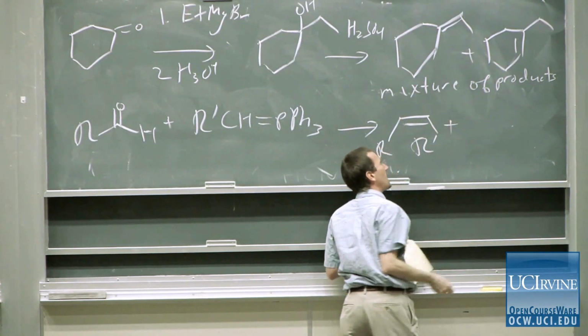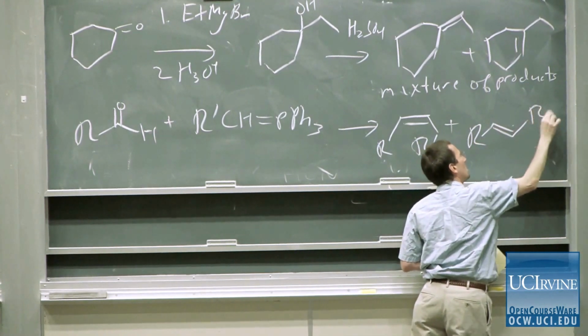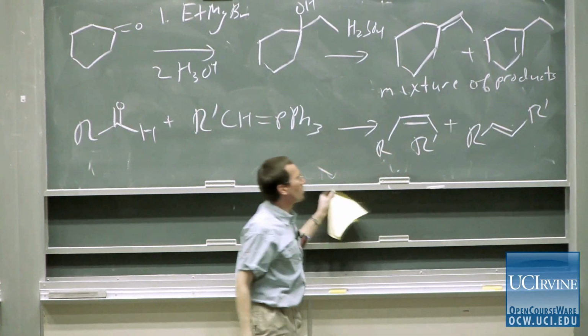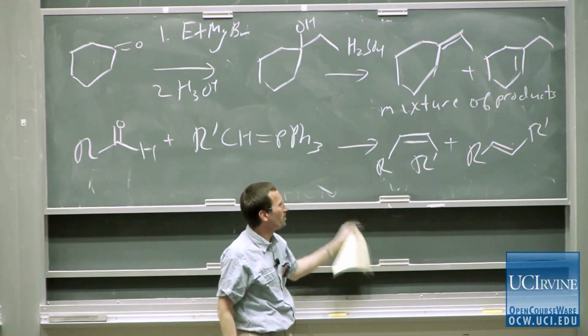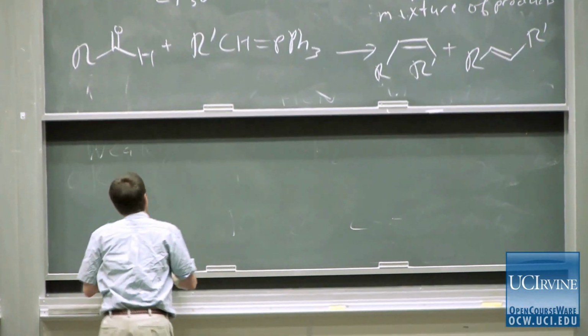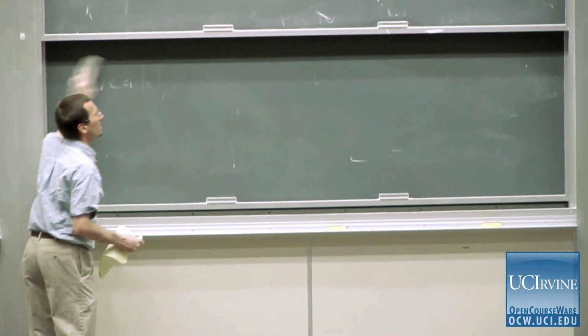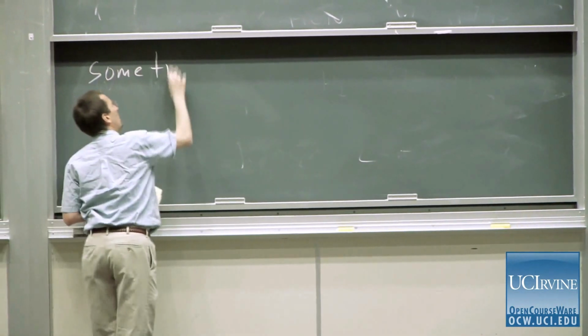It's pretty hard to get just one pure. Well, you can sometimes get the trans pure. But the trans isn't surprising because trans alkenes are more thermodynamically stable. But what's interesting is that sometimes, under some conditions, the cis product can be the major product.